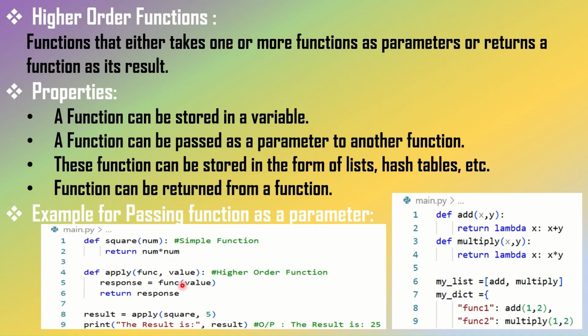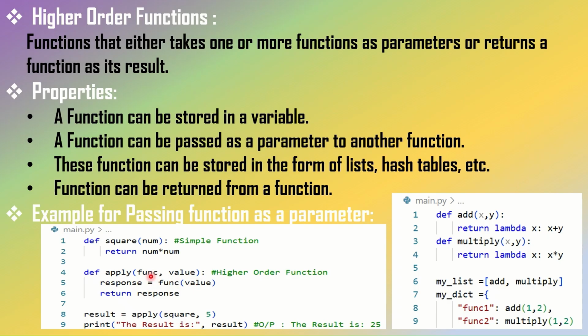One function is taking a parameter in its parenthesis, whereas another function is taking a function as a parameter within the parenthesis. After defining these functions, I was calling the apply function, in which I need to pass 2 parameters.